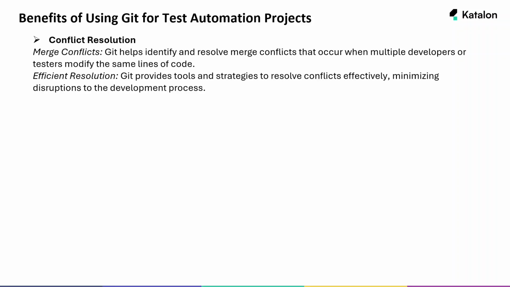So you can resolve these kinds of merge conflicts that occur when multiple testers modify the same line of code by using Git. Efficient resolution. Git provides tools and strategies to resolve conflicts effectively, minimizing disruptions to the development process.